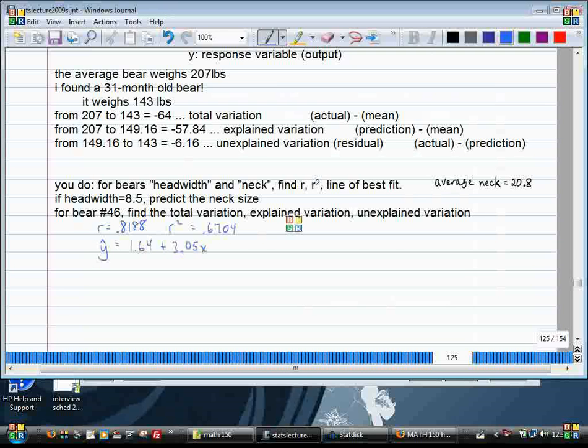Next, if the head width is 8.5, predict the neck size. How do you do that? Times 8.5, exactly. And if you work that out, you get 27.57. Was it inches, I think? I think it's inches.